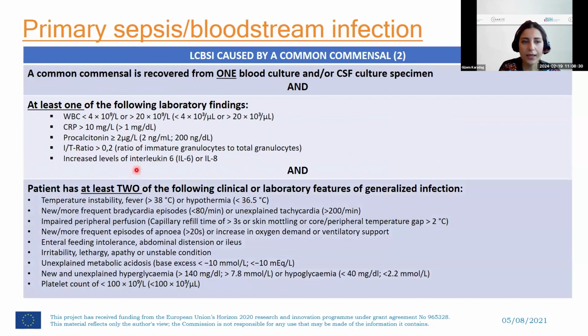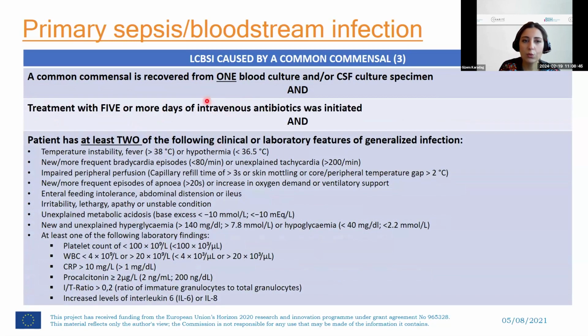In the second alternative, we have one positive culture with a common commensal, but we have a mandatory laboratory criterion, at least one of them. And then on the bottom part, we have at least 2 of the following clinical and laboratory features again. In our third alternative, again we have 1 positive culture, but this time we don't have a mandatory lab criterion.